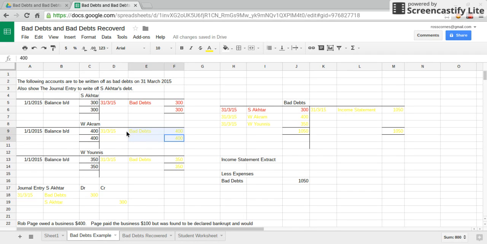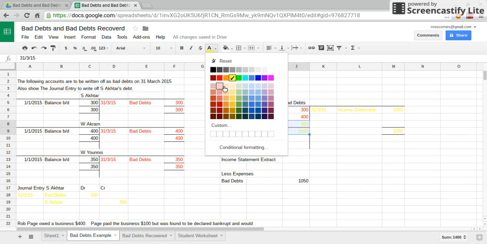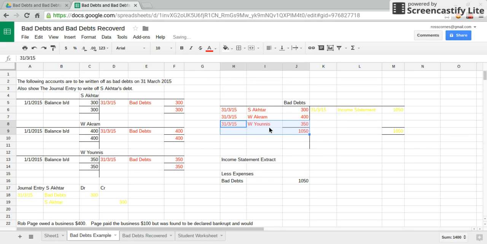Akram owed us 400, so we need to credit his account for 400. We need to debit the bad debt account for 400. And finally, Mr. Yunus. He owed us 350. We need to credit his account for 350, and we need to debit the bad debts account for the same amount.